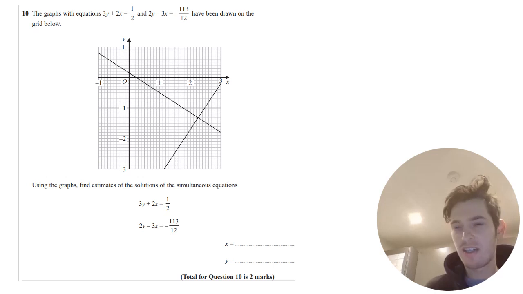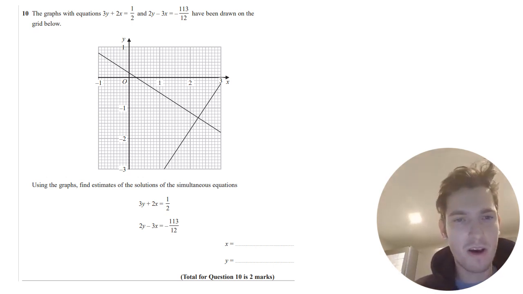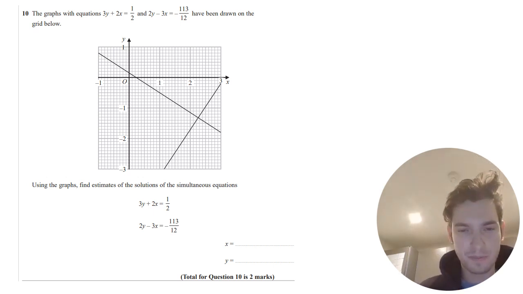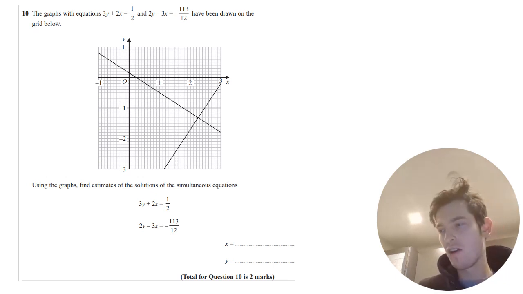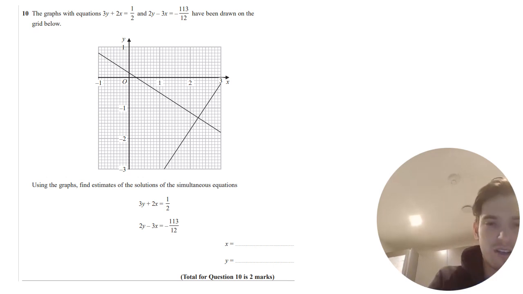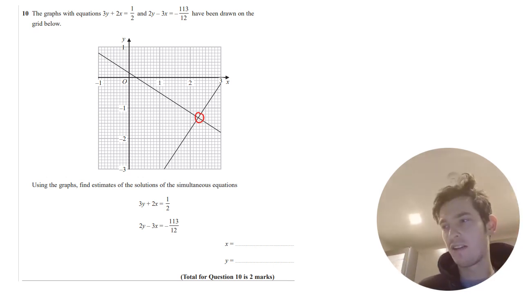Okay, question 10. The graphs with equations 3y plus whatever and 2y minus whatever have been drawn on the grid. And it says, using the graphs, find estimates of the solutions of the simultaneous equations. So this looked like a nasty question, but all you need to remember with these types of questions is that the solution of 2 simultaneous equations on the graph is where they meet.